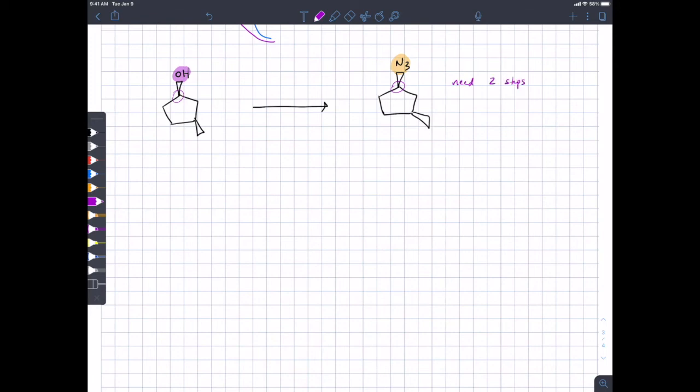The other thing that tells me I'm going to need two steps is the fact that OH minus is a cruddy leaving group. So the idea here is, in my second step, I want to use the azide as a nucleophile in an SN2 reaction, and that means the precursor is going to need to have been something like this, so that azide can come in and attack from the backside and generate our product.